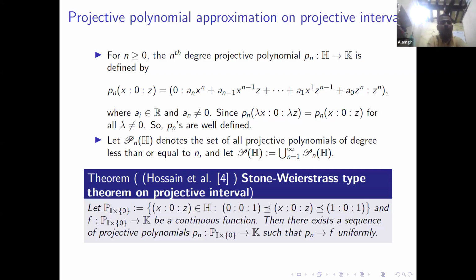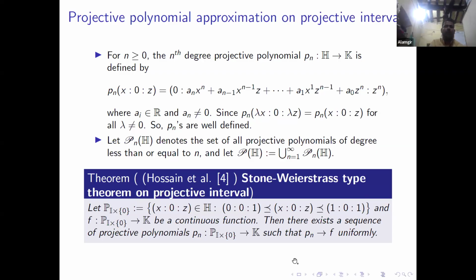So first we have the Stone-Weierstrass theorem on the projective interval. If pi is the projective interval whose beginning point is (0, 0, 1) and end point is (1, 0, 1), and f is any continuous function, then there exists a sequence of projective polynomials Pn such that Pn converges to f uniformly.